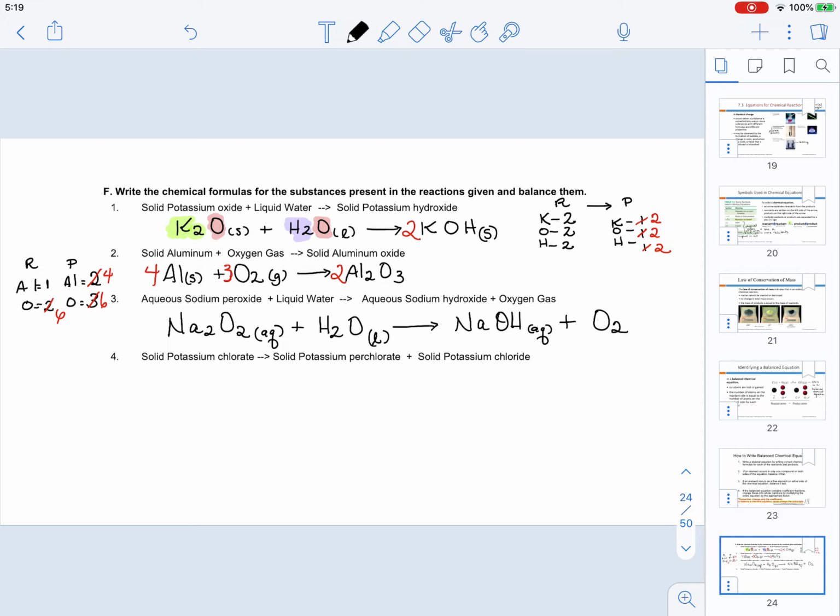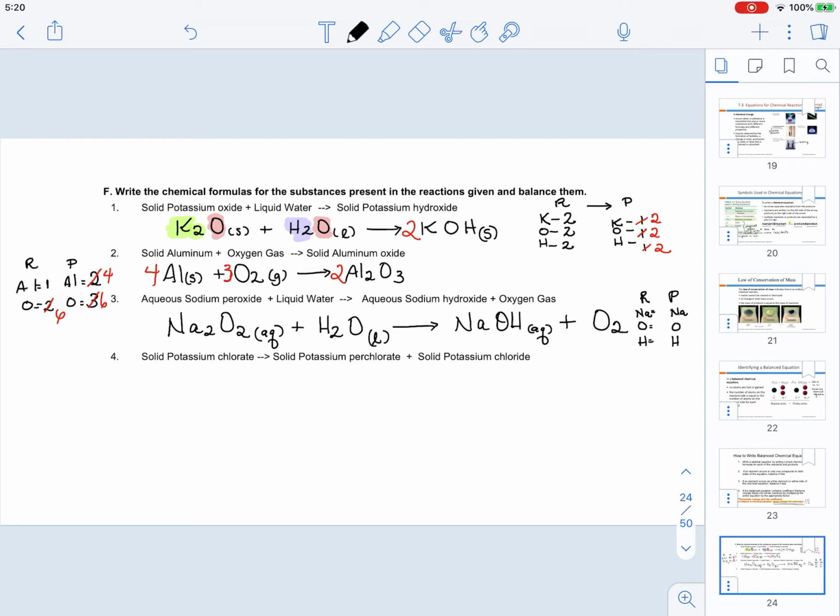Okay? So when we have this one for reactants and products, we have sodium, we have oxygen, we have hydrogen. On the other side, we have sodium, we have oxygen, and we have hydrogen.